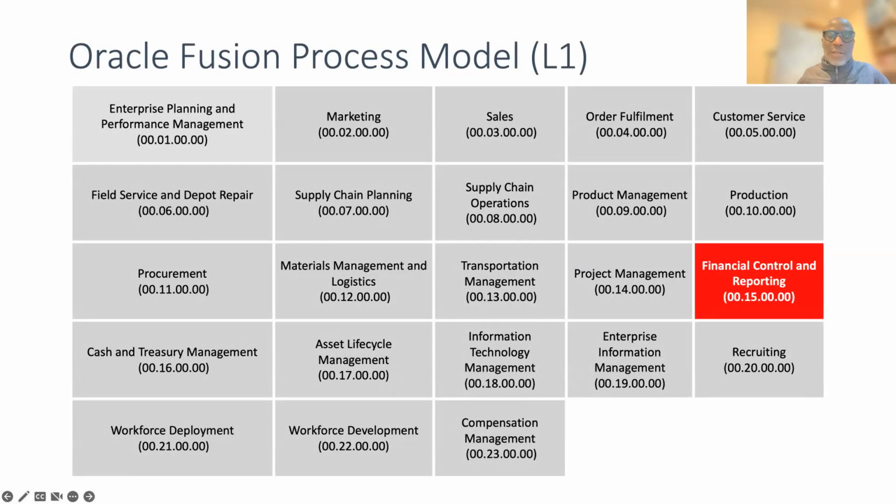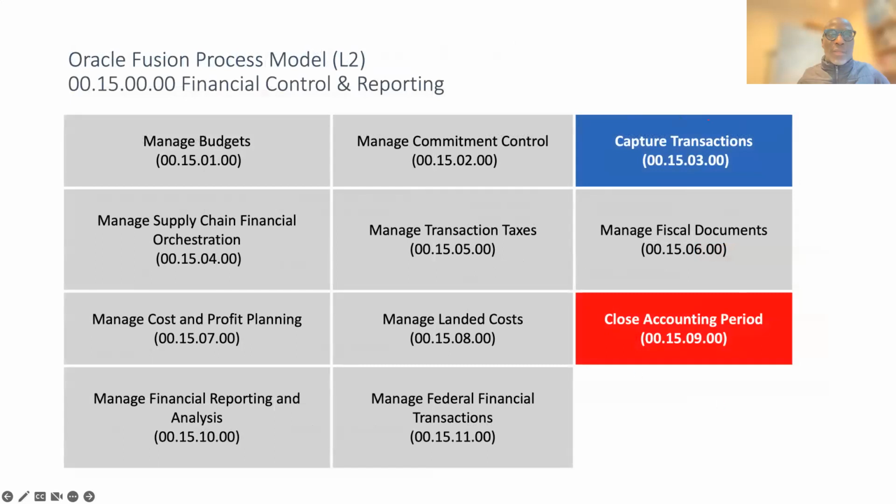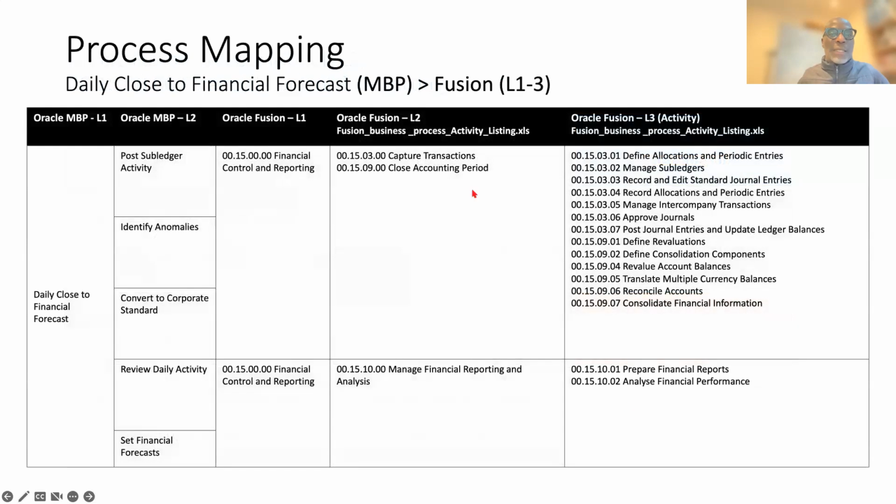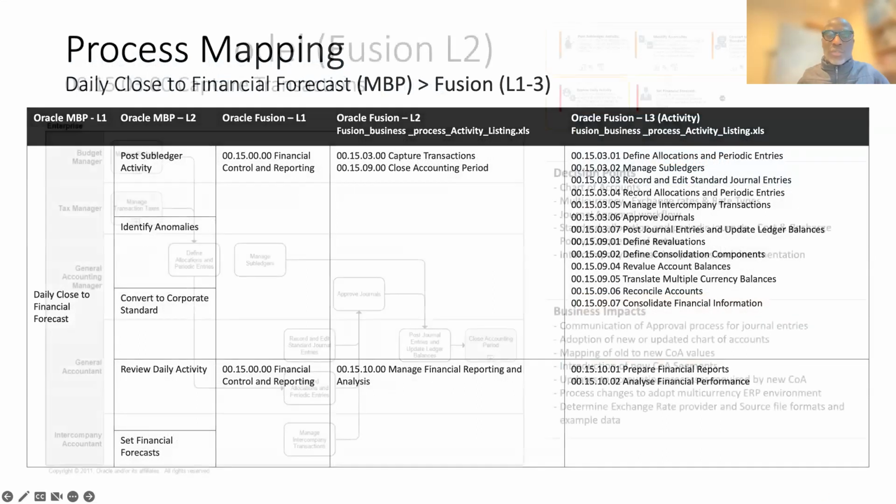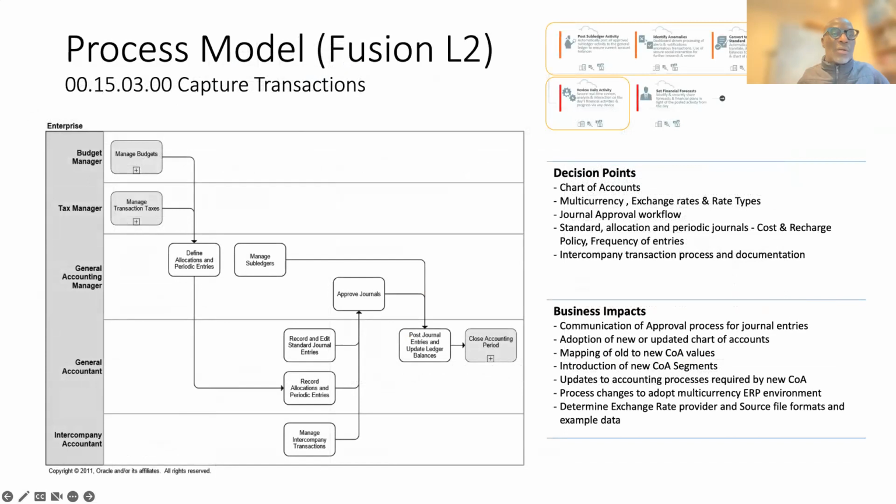You have the enterprise structure, control, capturing transactions, closing the accounting period, what needs to happen when the accounting periods close, and also the core level 2 flows. So those are the core areas.